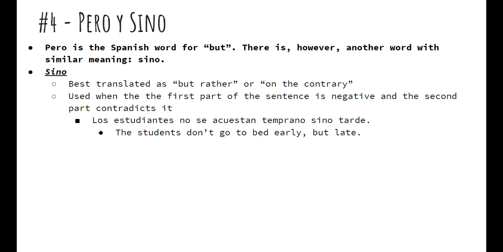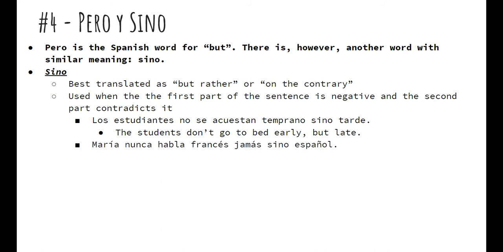So while it's often translated just simply as but in English, anytime you use sino, you'd be able to put a but rather or an on the contrary in there, and it would make sense. If this is the case where the first part is negative and the second part contradicts it, they use sino.